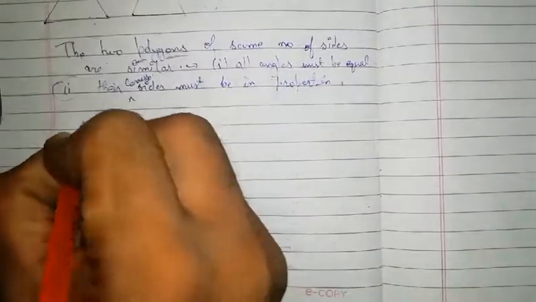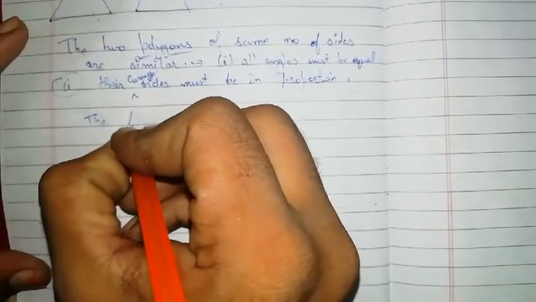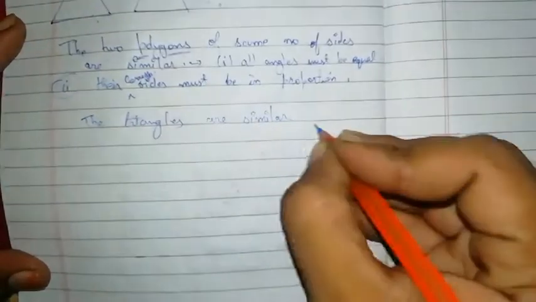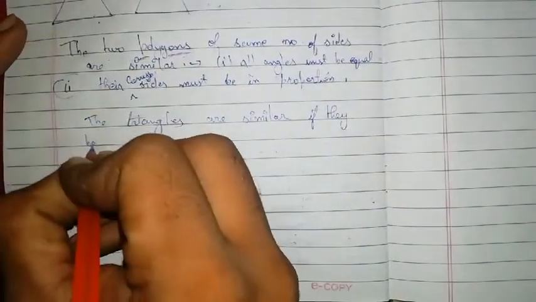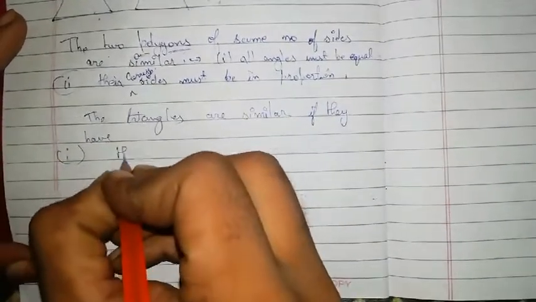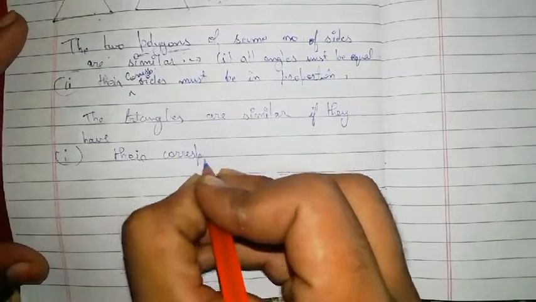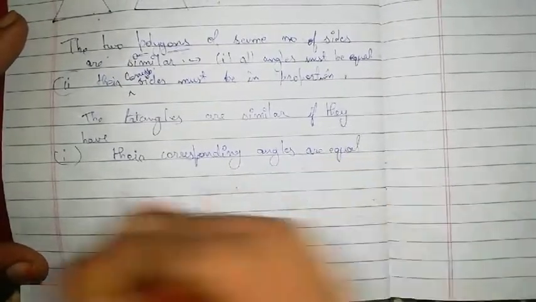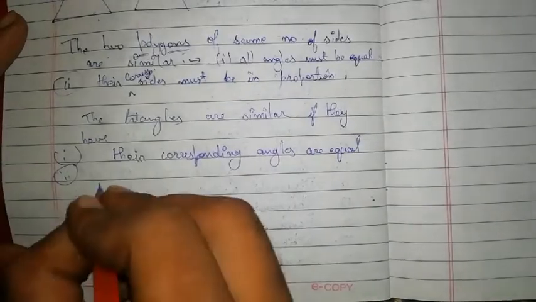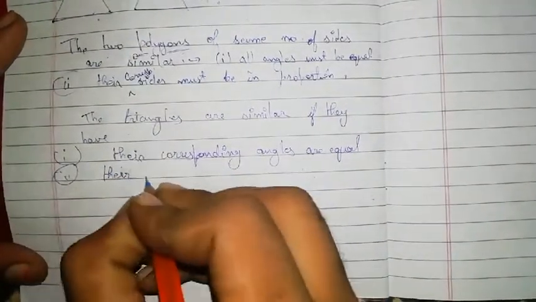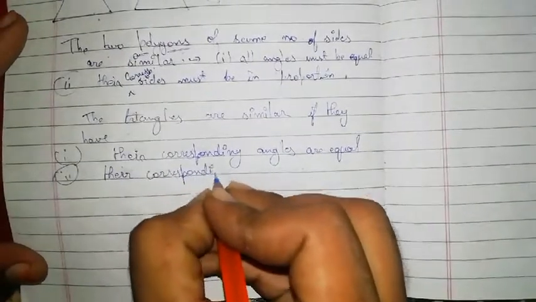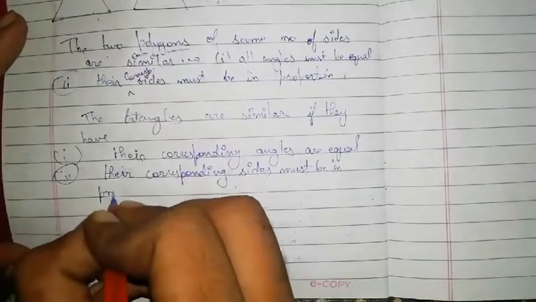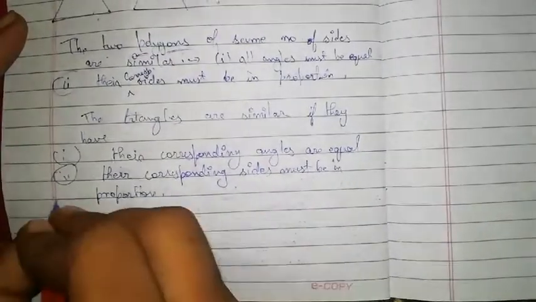So we can say that the triangles are similar if they have, first, their corresponding angles are equal, or second, their corresponding sides must be in proportion, means in the same proportion.